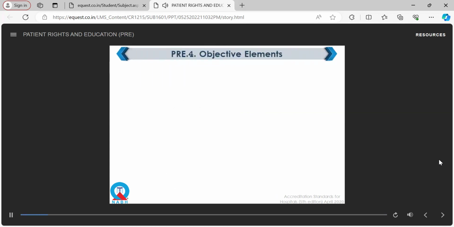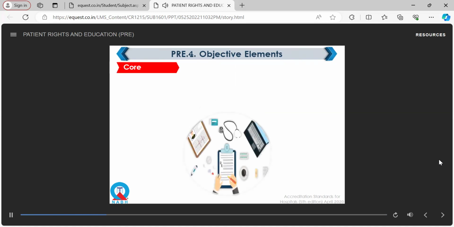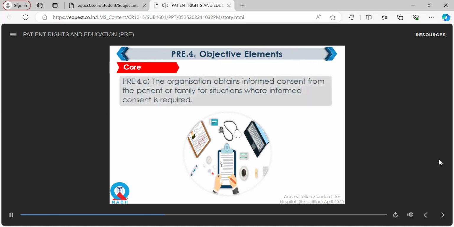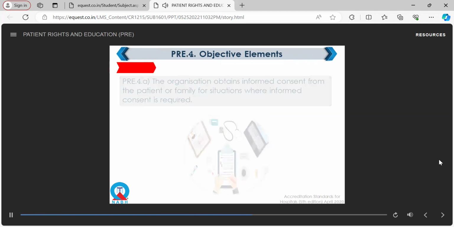There are 5 objective elements of standard PRE.4. As per the first objective element, which is core element, the organization obtains informed consent from the patient or family for situations where informed consent is required.